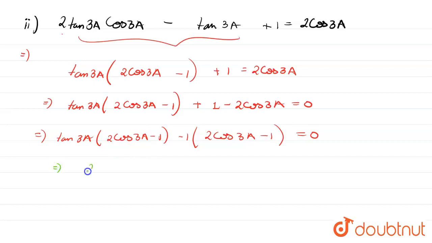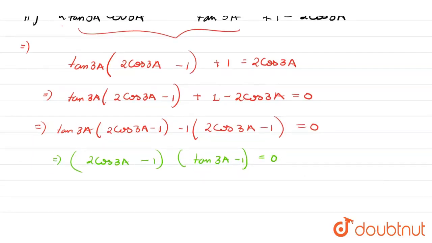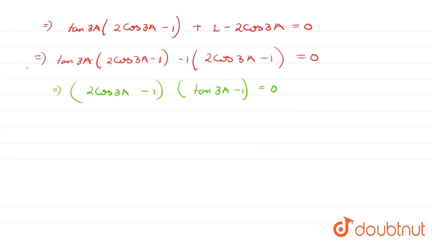So we will get 2 cos 3a minus 1 in the first bracket and tan 3a minus 1 in the second bracket is equals to 0. Okay, now here we can get two answers: 2 cos 3a minus 1 is equals to 0 and tan 3a minus 1 is equals to 0.